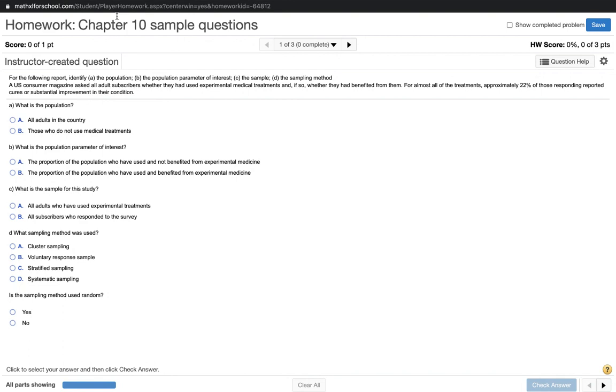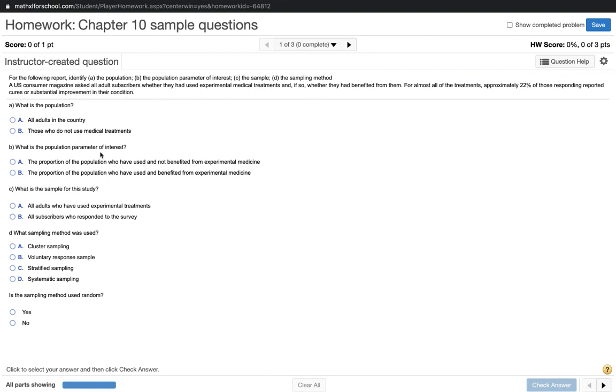A U.S. consumer magazine asked all adult subscribers whether they had used experimental medical treatments, and if so, whether they had benefited from them. For almost all of the treatments, approximately 22% of those responding reported cures or substantial improvement in their condition. What is the population?